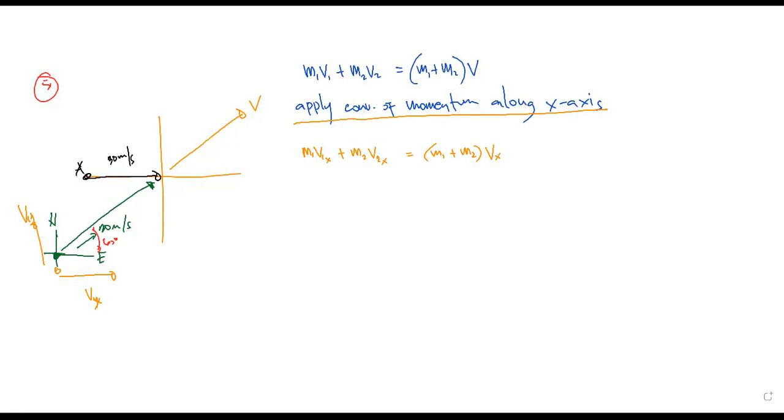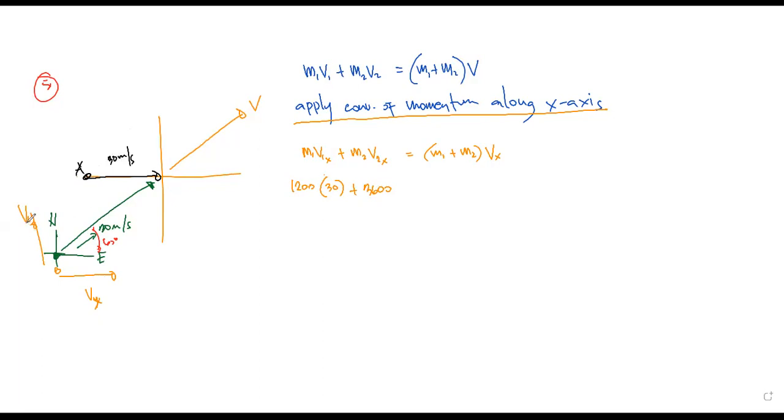So you have there 1,200 and 3,600. So this would be 1,200 multiplied by v1x, so that is 30. So you can see the direction of A is along the x-axis, plus 3,600 times the component V2x.